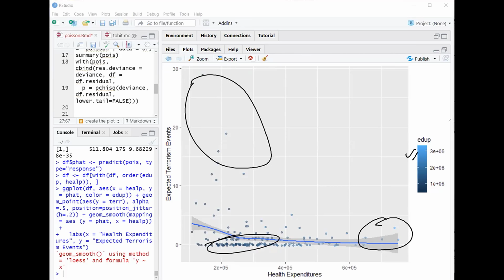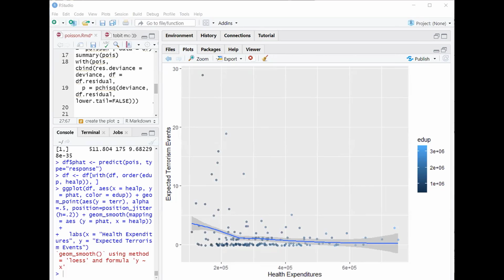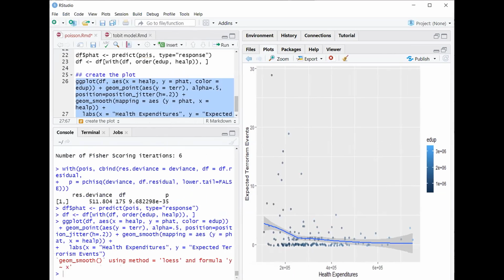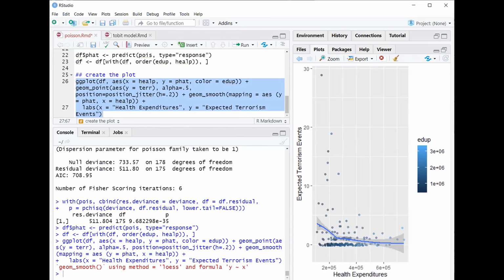So it's because of education. You can draw such diagrams to explain your relationships clearly. Okay, so this is the model that we use when a dependent variable is a discrete variable, meaning it does not go into points. It is a whole number.